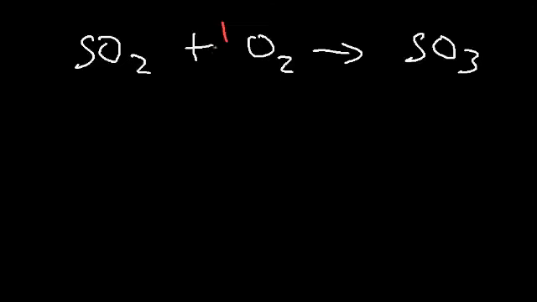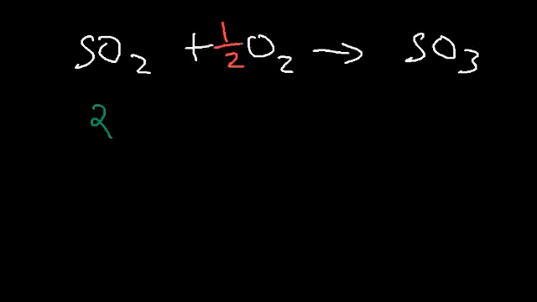If we make this a half, notice that the reaction will be balanced. We have 2 oxygen atoms in SO2. A half times 2 is 1, the 2's cancel. 2 plus 1 is 3. So it's balanced, but we don't have any whole numbers.